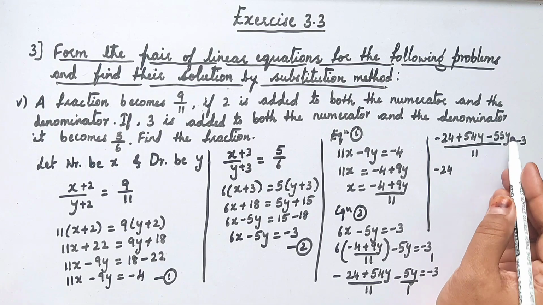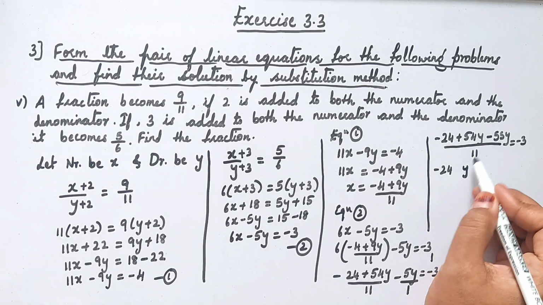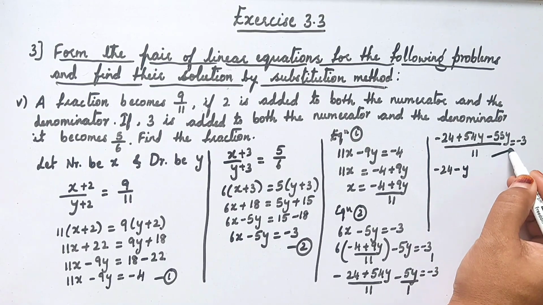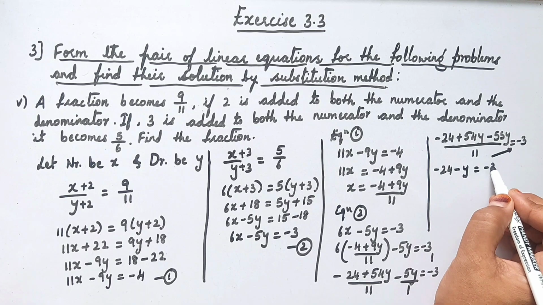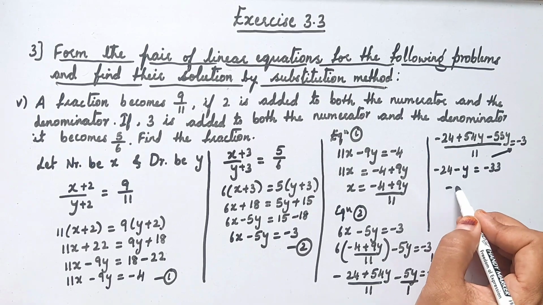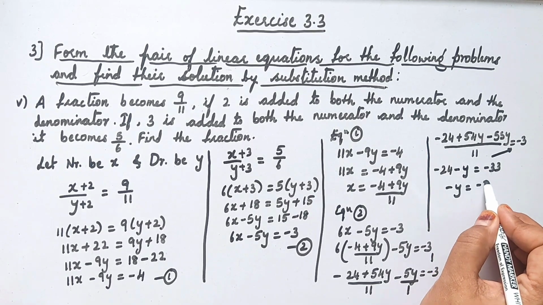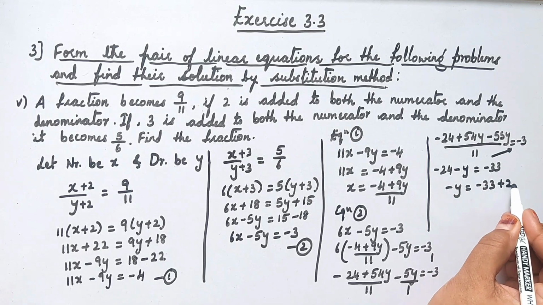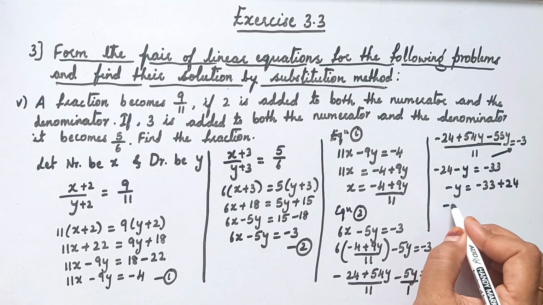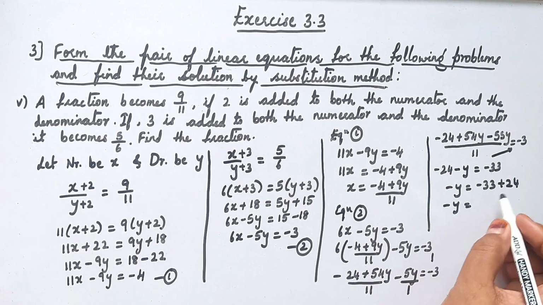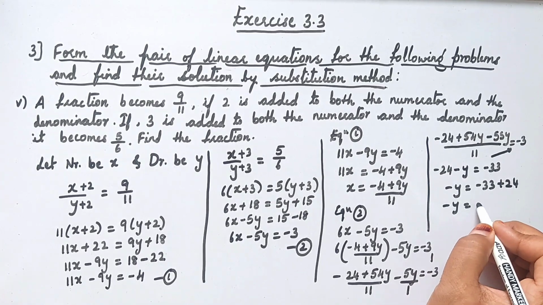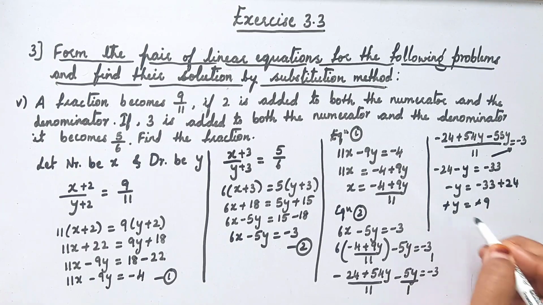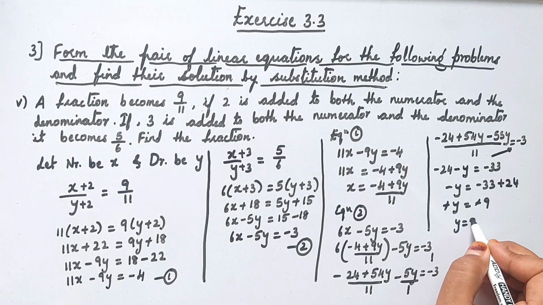We need to subtract this. I'm going to get y, greater number sign. Okay. Cross multiply this. I'm going to get minus 33. Minus y equal to minus 33. Shift this to the other side. I'm going to get plus 24. Minus y equal to, when you subtract these two, you're going to get minus 9. Minus minus gets cancelled. y equal to 9.